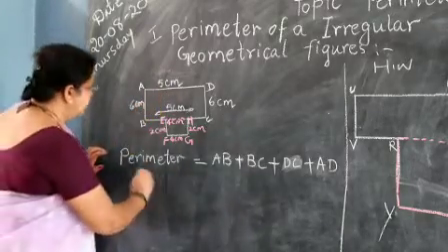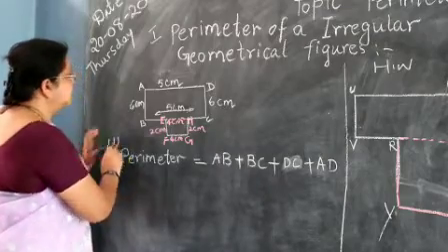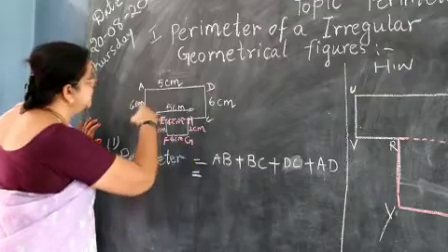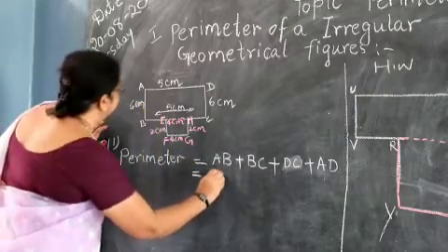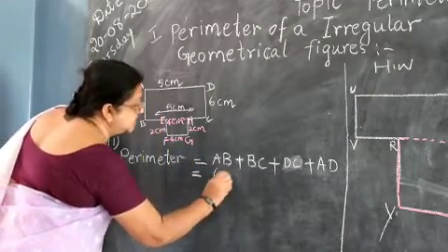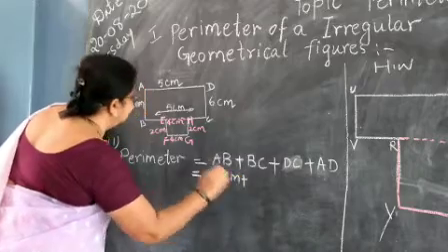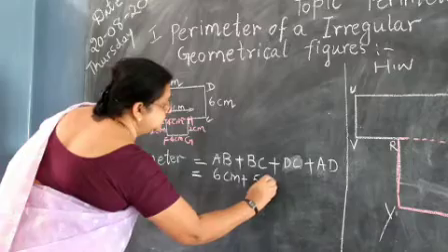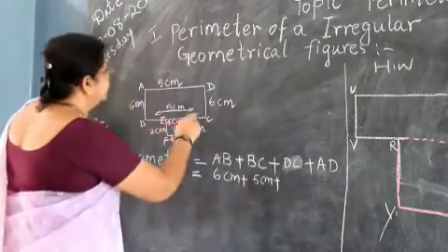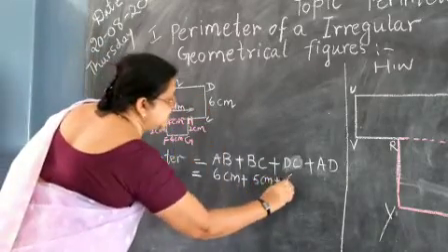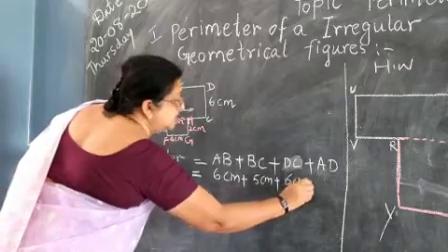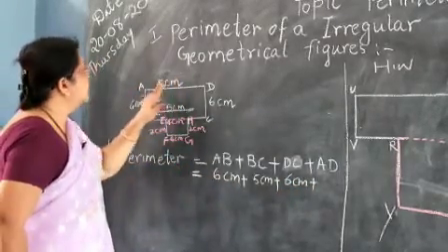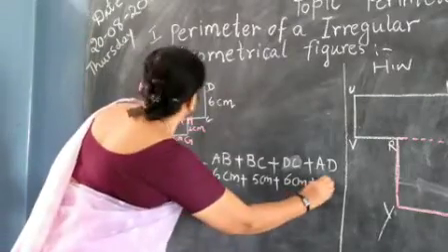Now this is the first part of your rectangle you are finding. That is equal to, children, AB is equal to 6 centimeter, BC is equal to 5 centimeter, plus DC again 6 centimeter. Please, you must always write the unit. Then you have AD, how much is it?